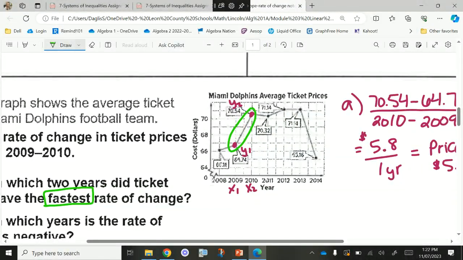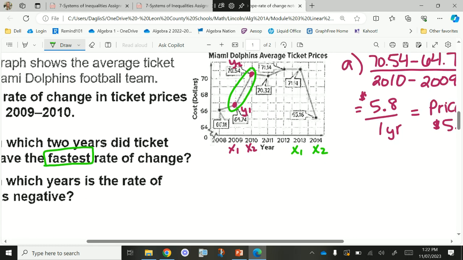All right, so this time my X1 is going to be 2013. Our X2 is 2014, so we're in between those 2 years. My Y1 is 71.14? Yes. And my Y2 is 65.16. Okay.